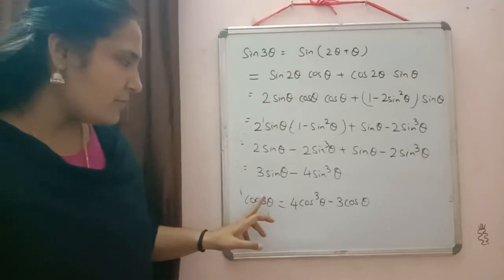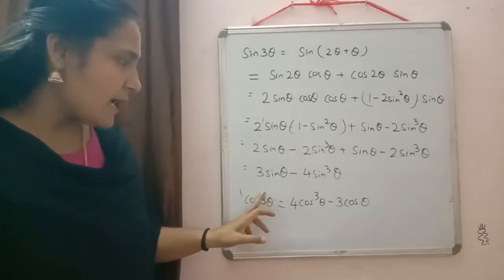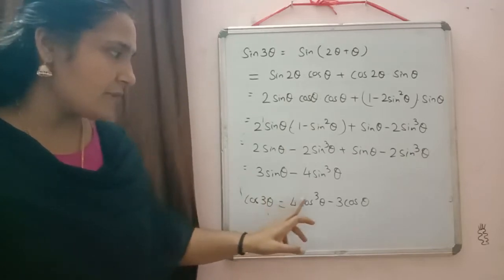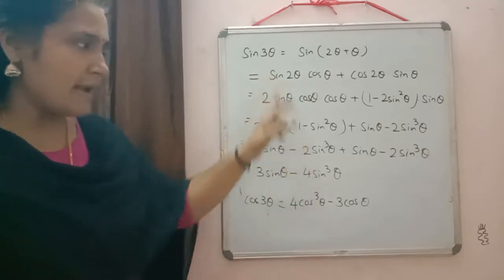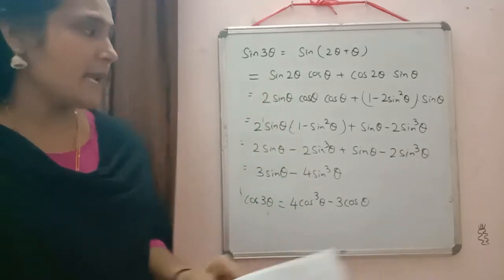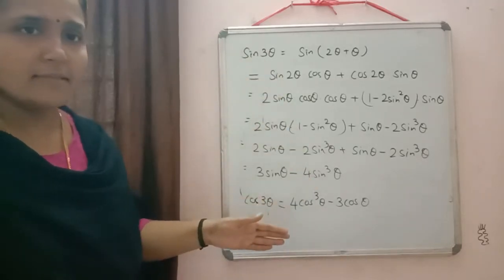So in all the formulas here, whatever angle you are writing, we have to take 1/3 of that angle. So while deriving the formulas, just check how we derived them.